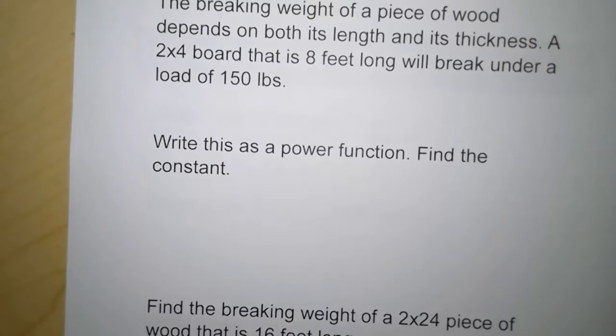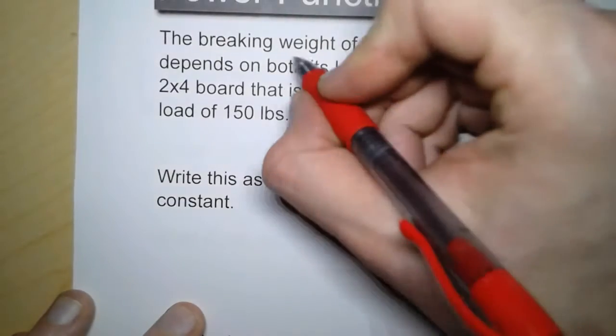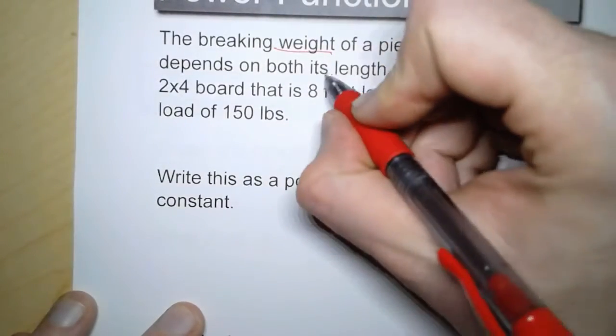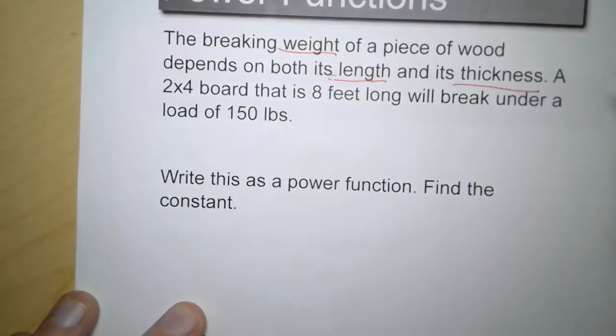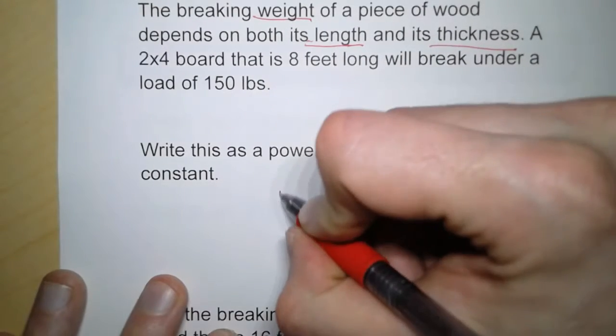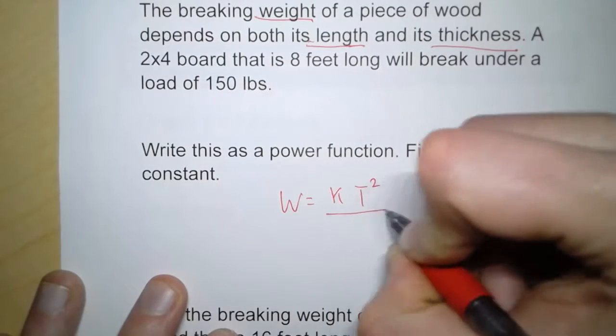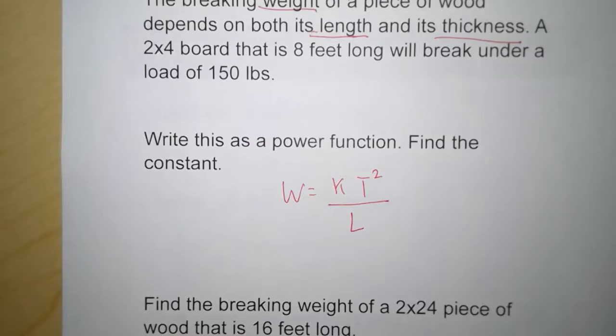Now what's unique about power functions, unlike others, is that you can combine multiple inputs. And so here we're not only relating weight to length, but thickness as well. So here what we're basically doing is we're just going to mash those two equations together that we found. So we have T squared on top and L on the bottom.